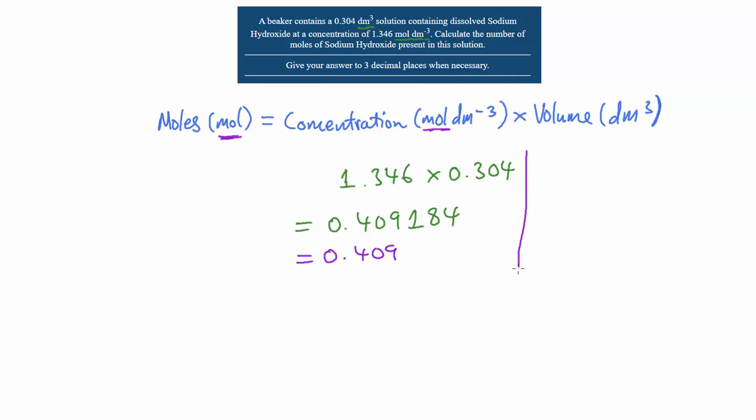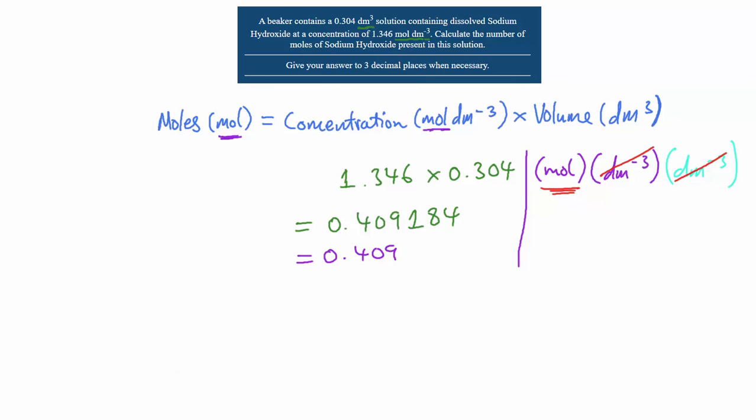However, you can also see from the units we've worked with in our question, if we take moles, which here is multiplied by dm⁻³, and we multiply that by the units of the volume, dm³, we can see very clearly that this cancels out, leaving us the units for the answer, moles.